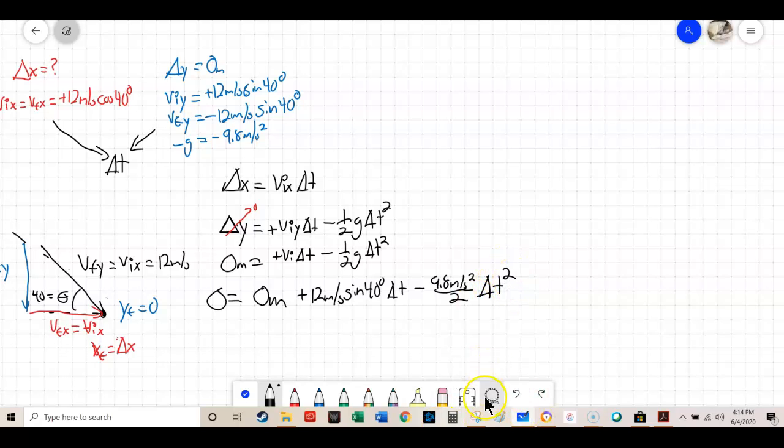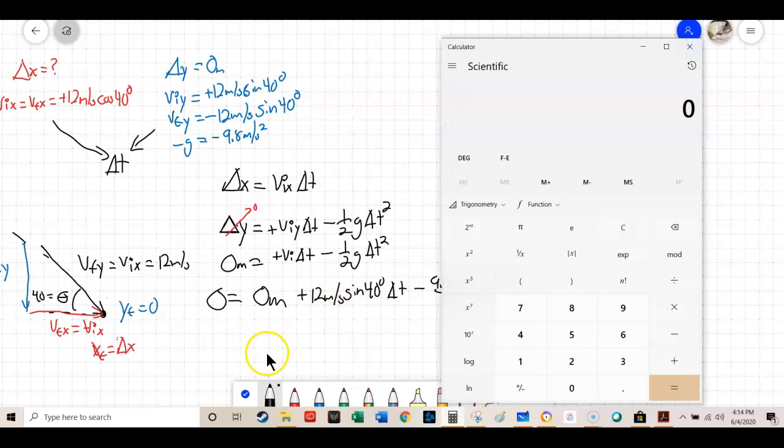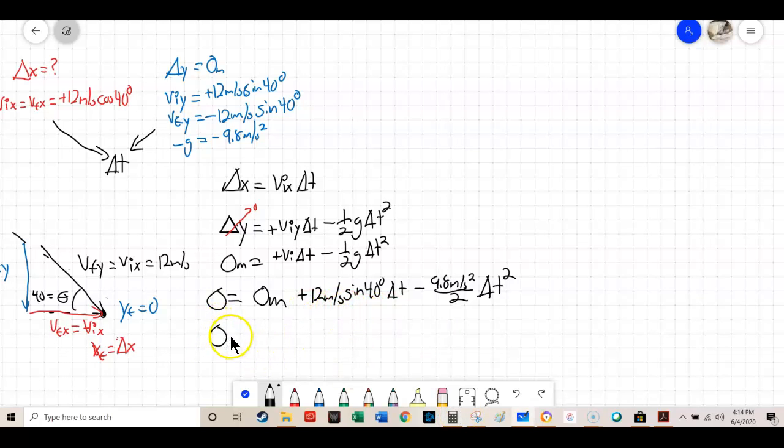I'm going to do some calculator work here and find out what these values are. So this is just 0 equal to 0 meters, plus a number times delta t, minus 4.9 meters per second squared times delta t squared.